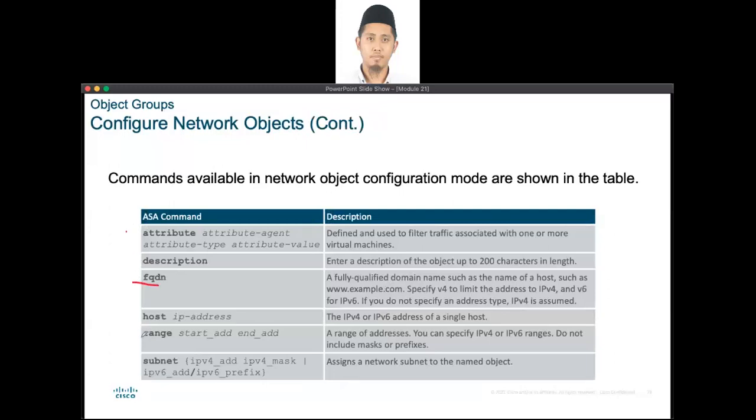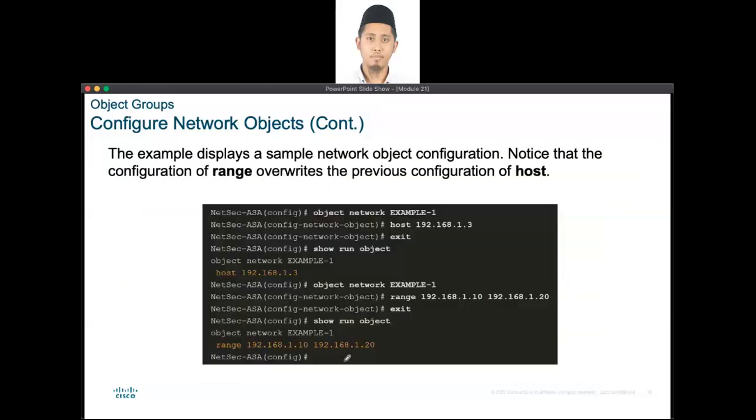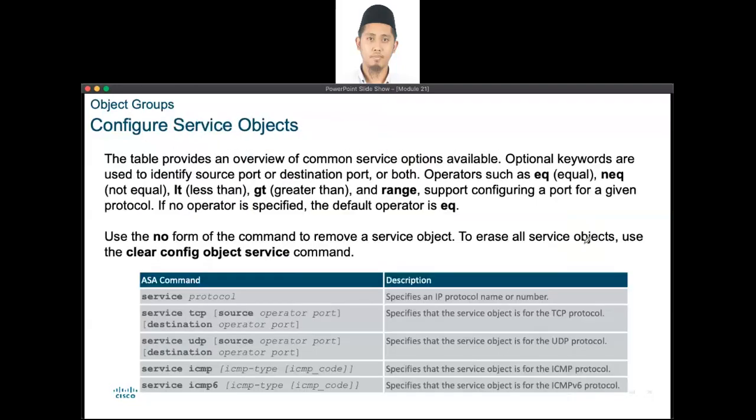So here are the commands: attribute, description, FQDN, host, range, and also subnet. So this is an example displaying a sample network object configuration. Notice that the configuration of range overrides the previous configuration of host.